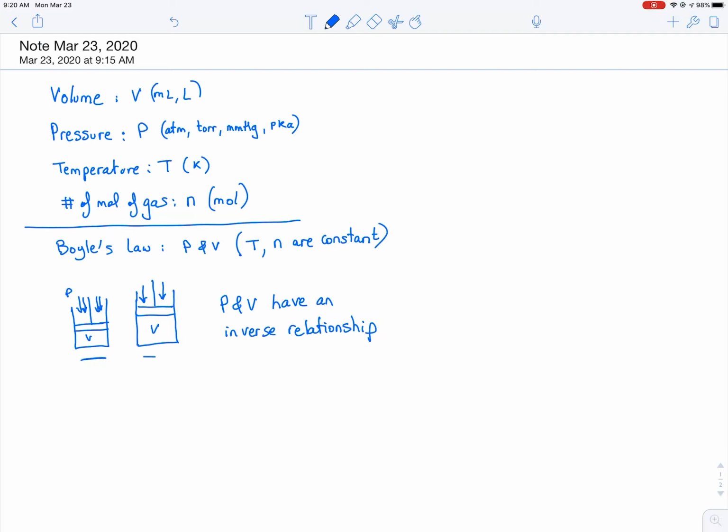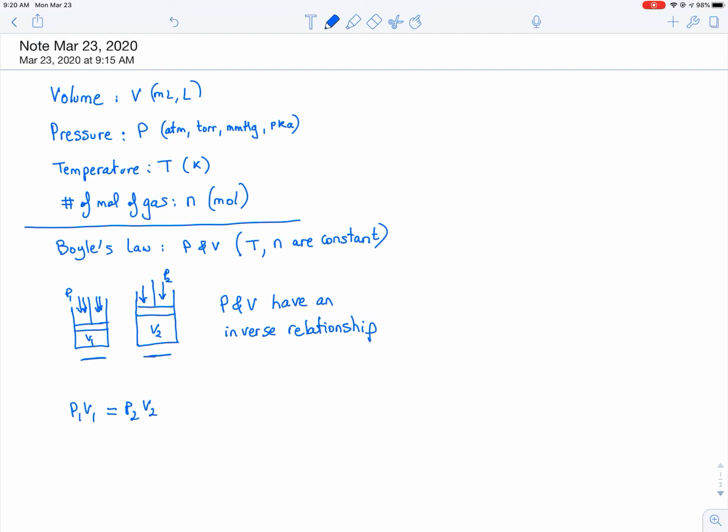So if I compare these two conditions to each other, I can say that P1 V1, that's the pressure here and the volume here, is going to be equal to the pressure up here, which is the new pressure, and the new volume. So the initial condition is equal to the final condition, even though P and V have different values. One has to go up and the other one has to go down in order to maintain the equality.